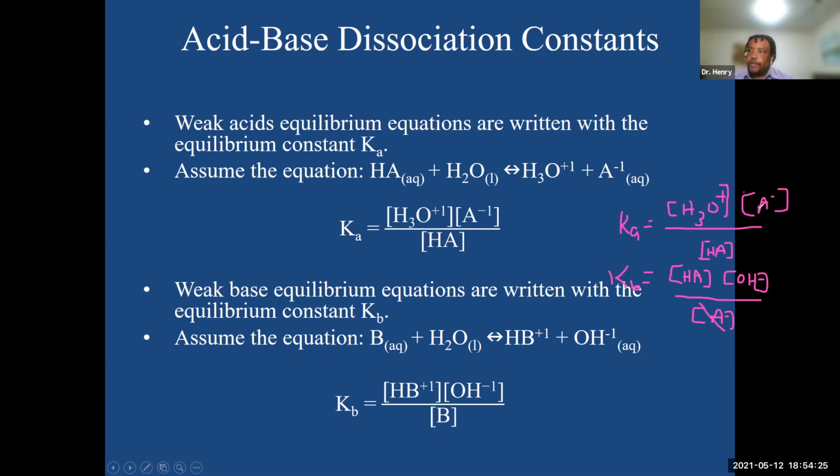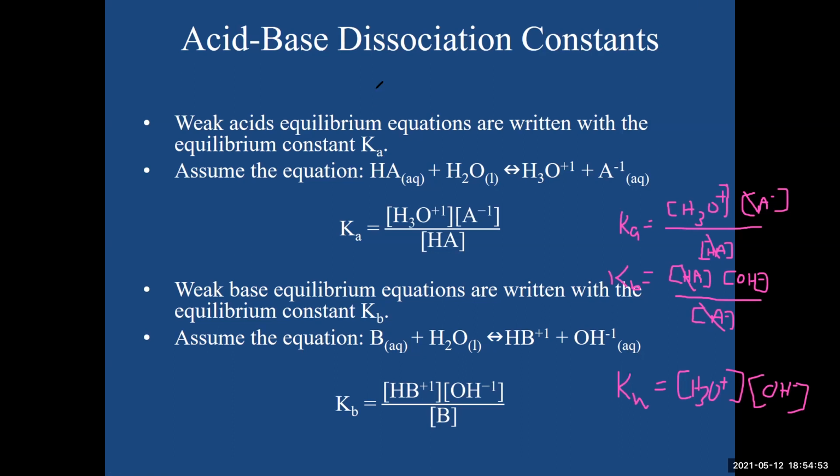These guys are going to cancel out when you multiply them, and then you're just left with Kw. Does that make sense? So if we take into consideration the conjugate acid and the conjugate base, then we just get Kw.